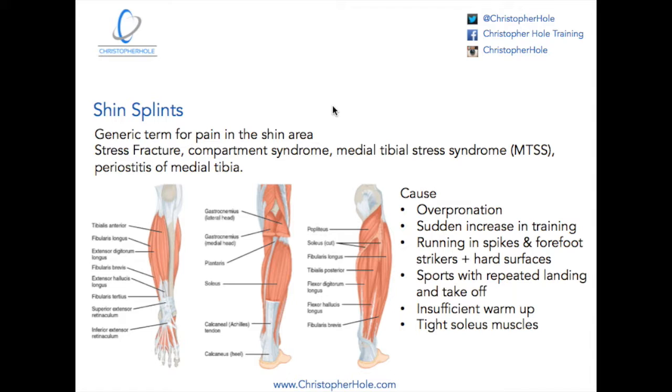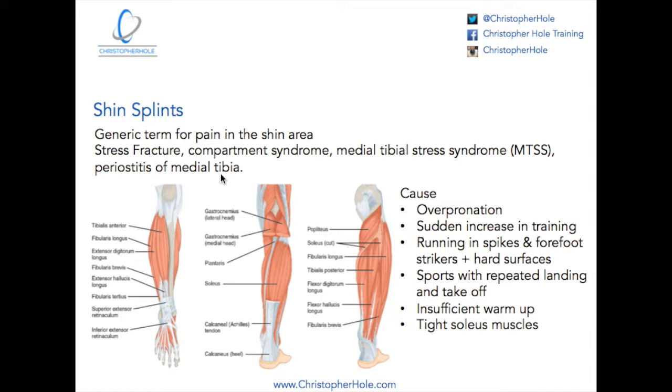Now, I'm not a big fan of the name shin splints because, as it says in the first sentence, it's a generic term for pain in the shin area, which opens itself up to many different interpretations. So it could be a stress fracture, it could be compartment syndrome, it could be medial tibial stress syndrome, or it could be periostitis of the medial tibia.